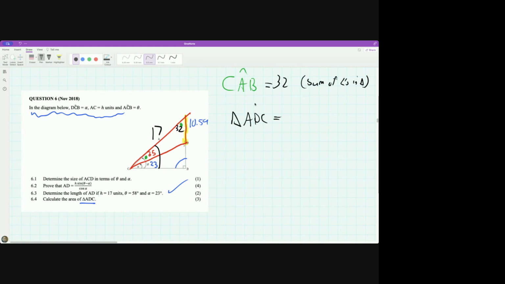Okay. Well, we know for the area rule, a half times the side times the sine of the angle in between. And we know that that was 17. That was 10.59. And this was 32.